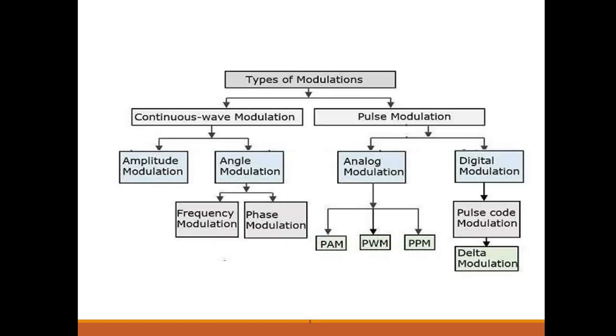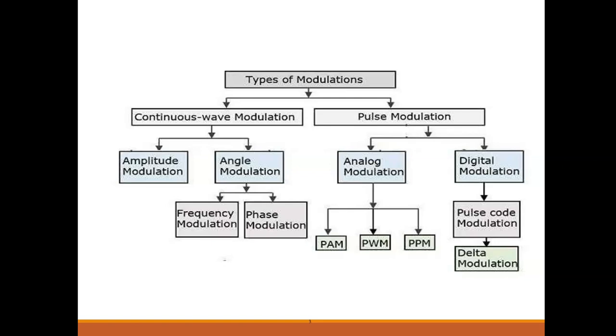The main types of modulation are continuous wave modulation and pulse modulation. In continuous wave modulation, depending upon the parameter of the waveform, there are amplitude modulation, frequency modulation and phase modulation. Combining frequency and phase modulation is called angle modulation.